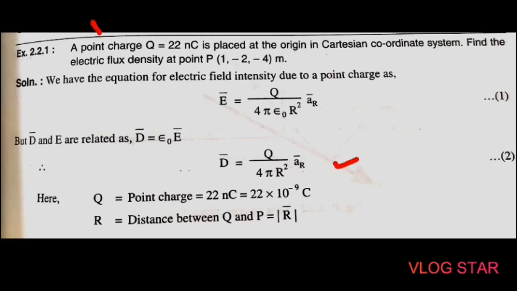Then the point charge is given having a value of 20 nanocoulomb, that is 20 into 10 raised to minus 9, because nano means 10 raised to power minus 9.